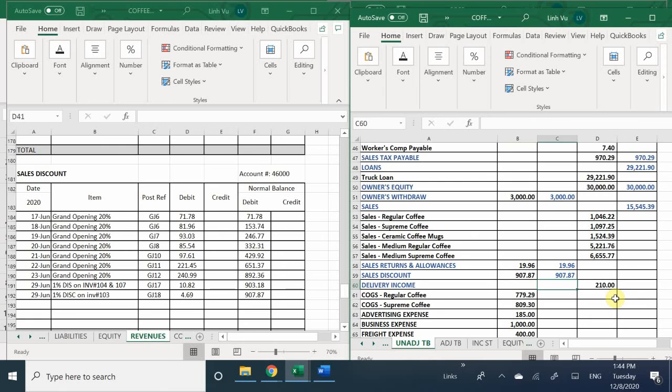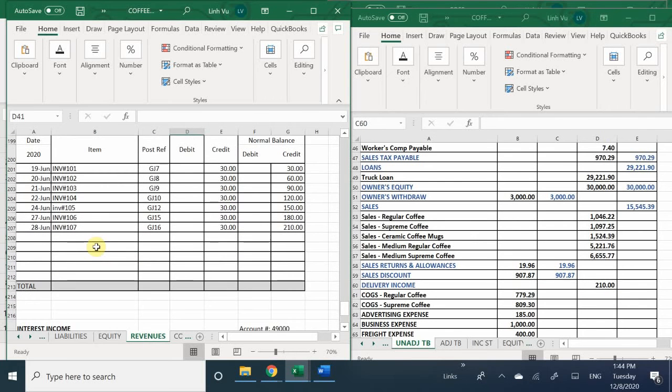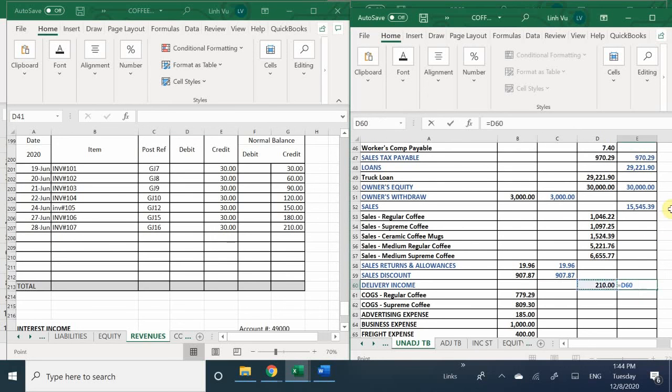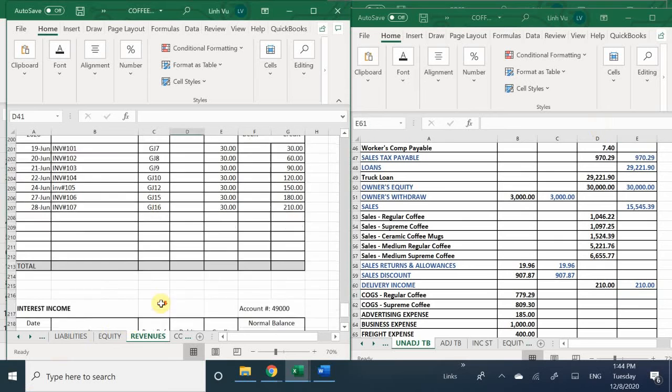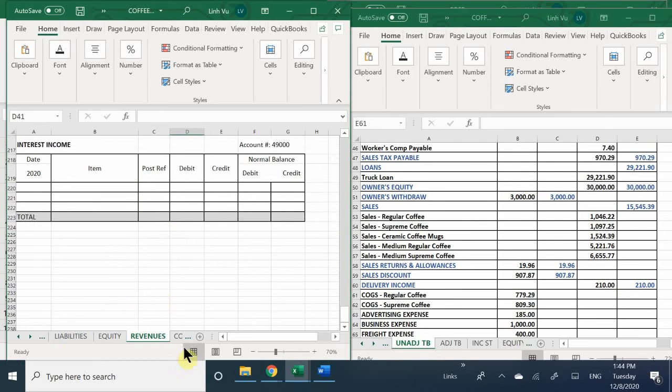Next is going to be delivery income. Did my delivery income change? I don't know, we did it last, but it's 210. So 210, yep, it's the same. Okay, now next, we don't have any interest income, so we're done with that.